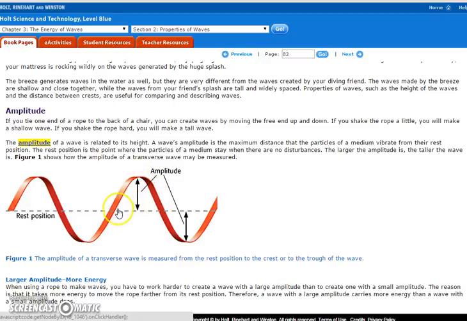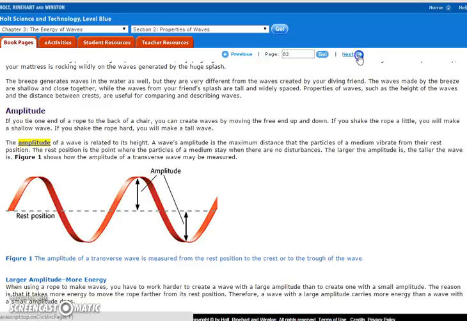The useful thing about amplitude is that this height shows how much energy was put into it. The more energy is put into the medium, the higher this amplitude will be. Conversely down here. So, amplitude is the measure of the crest from the rest position, and it also shows the energy of the wave.